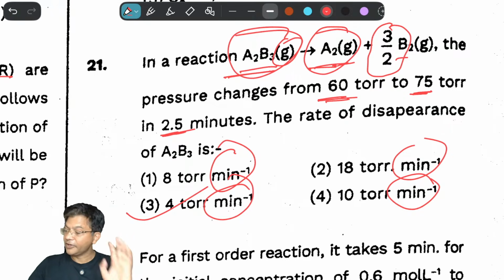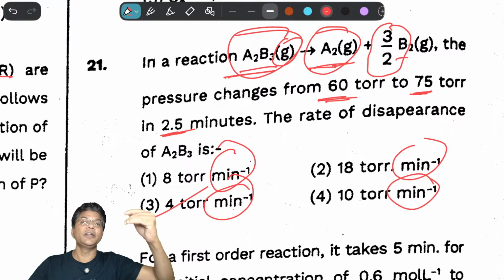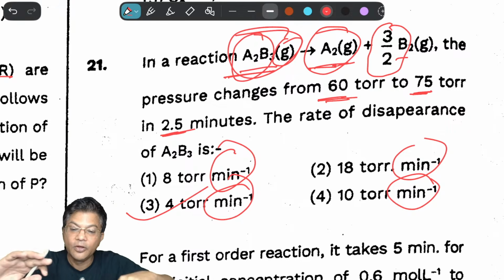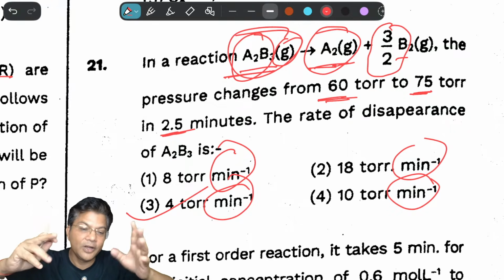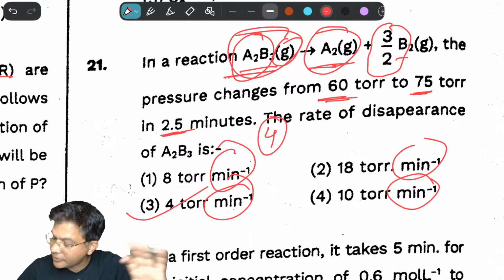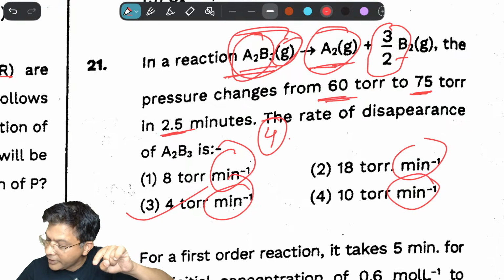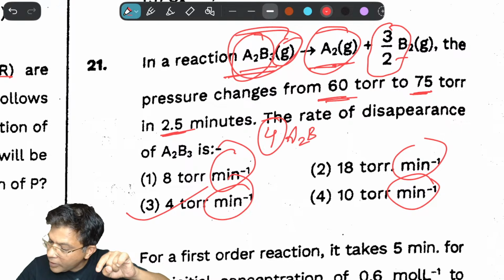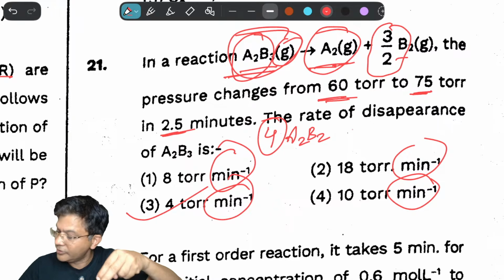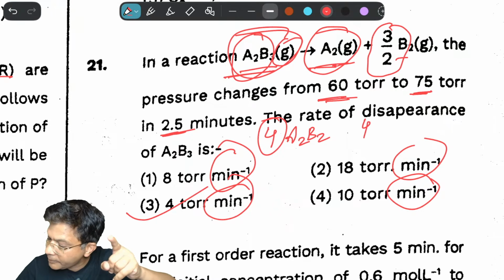Whatever the pressure was there, if I say 4 atmosphere of A2B3 got decreased, orally only you can do it so fast. 4 atmospheric pressure is getting decreased, so 4 atmospheric pressure of A2 will get formed.